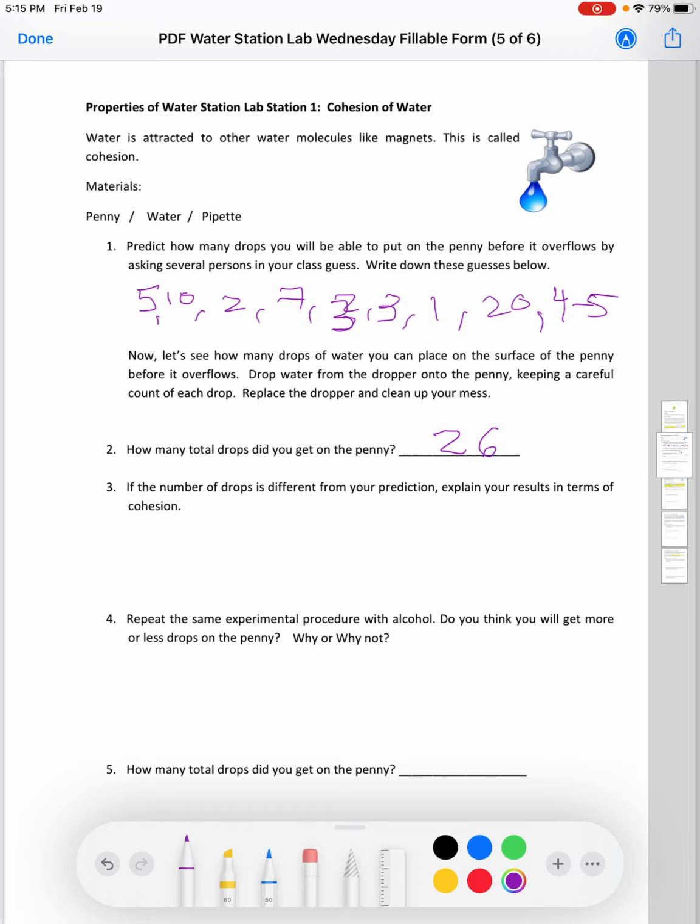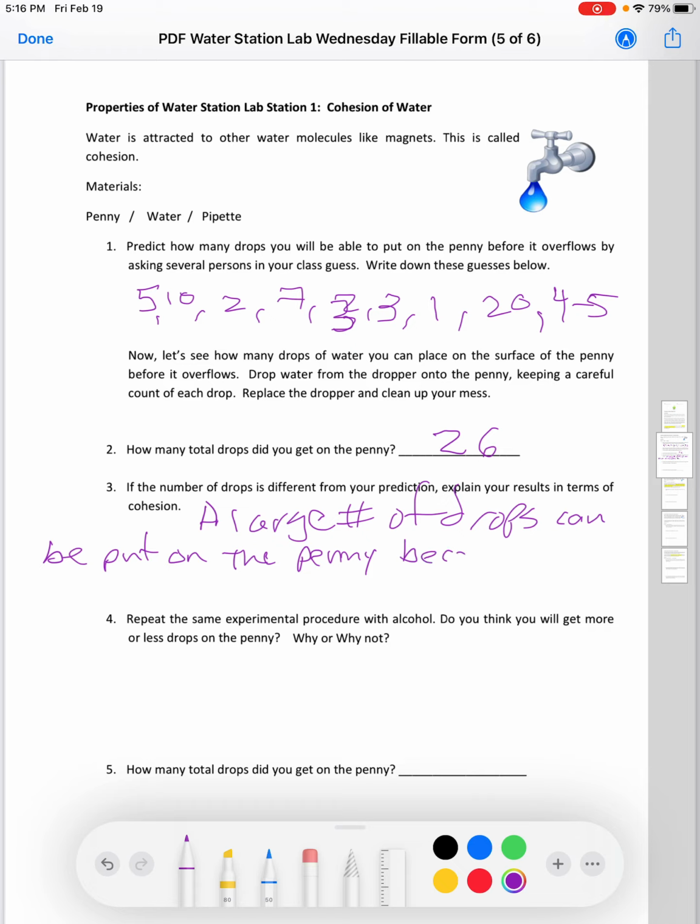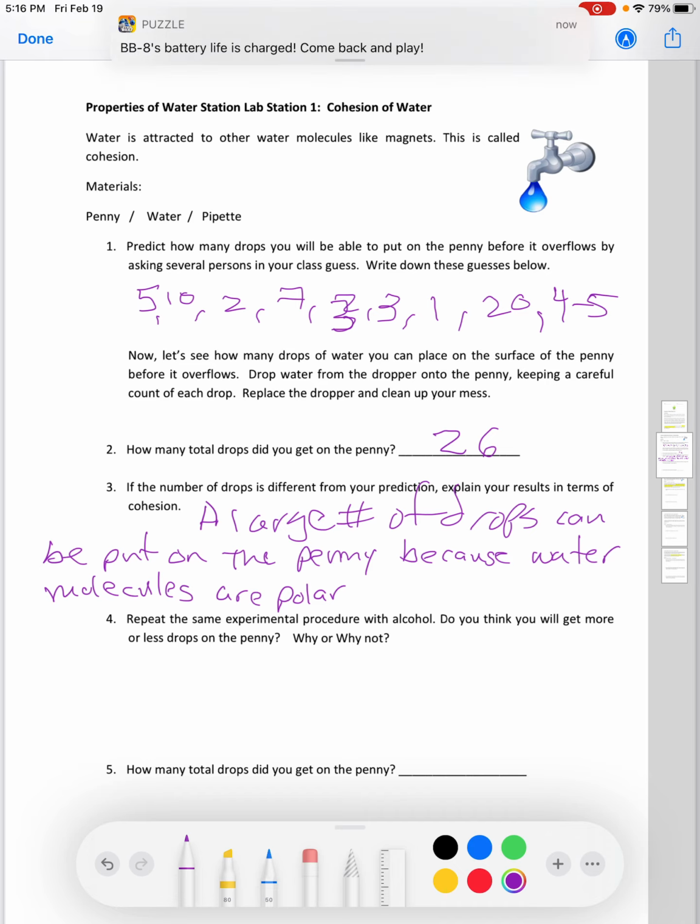But our results in terms of cohesion are such that a large number of drops can be put on the penny because water molecules are polar, and thus the two sides, the two poles, the positive and negative poles, attract, and the water has a property we call cohesiveness.